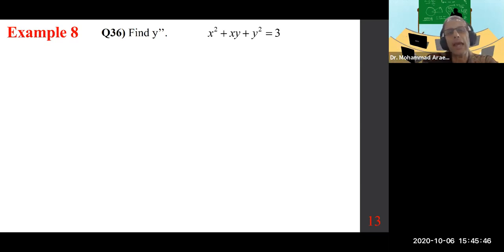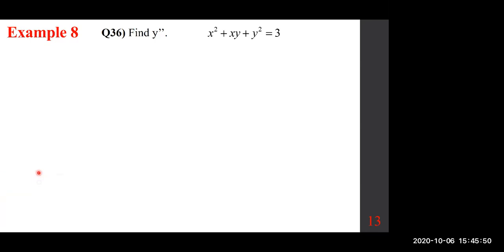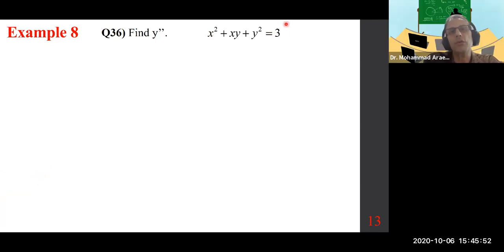So to do that, let's do it one by one. x squared gives 2x. Put a raised dot between x and y, and now it's the product rule. x gives you 1 times y. y gives you y prime times x.